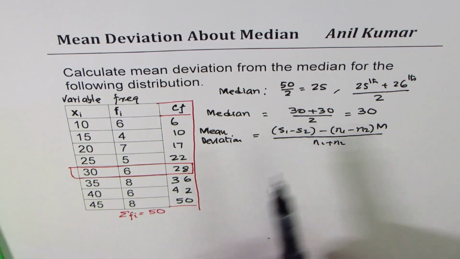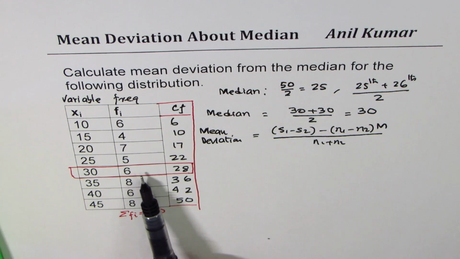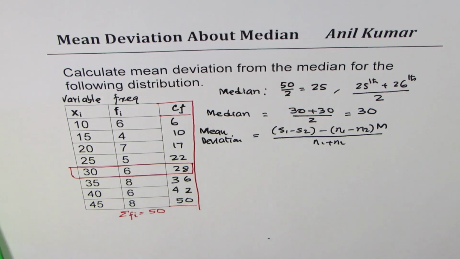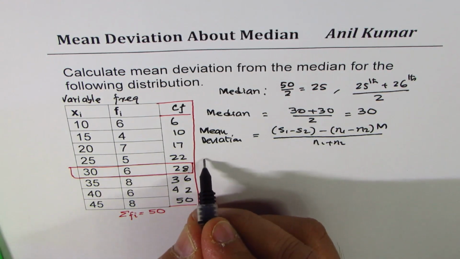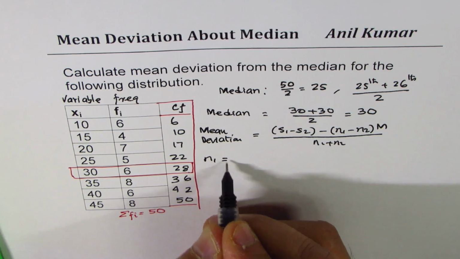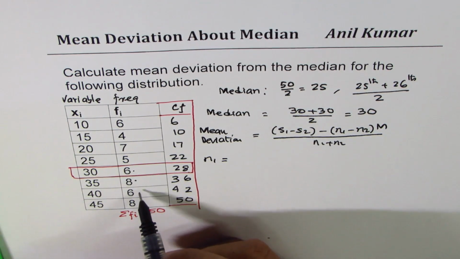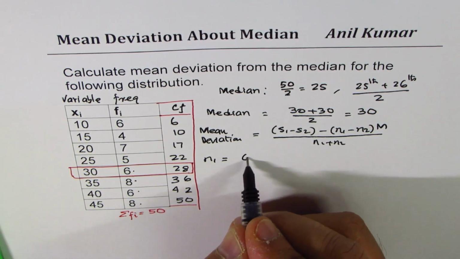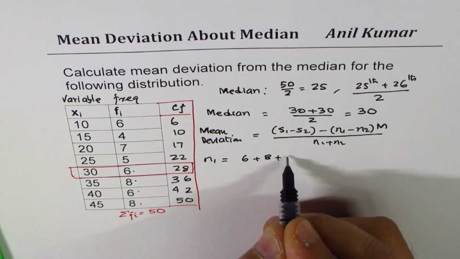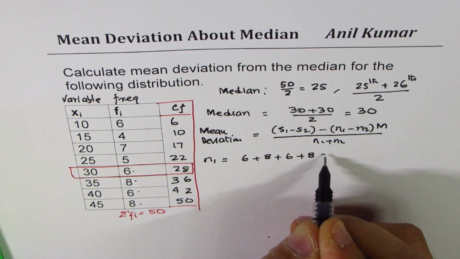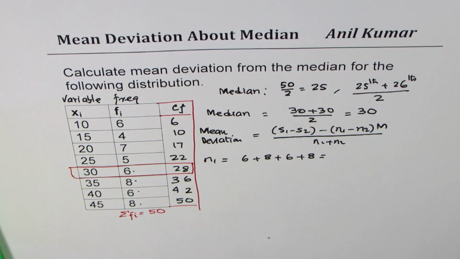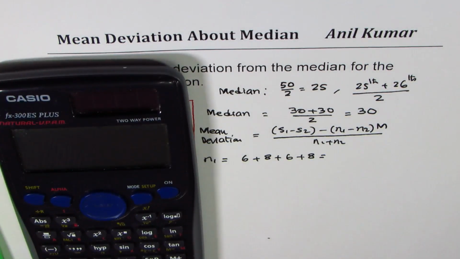Since we have the median group as shown here, N1 will be how much? N1 will be, add these numbers, right? So it is 6 plus 8 plus 6 plus 8, right? So let's use the calculator. 6 plus 8 plus 6 plus 8 equals 28.